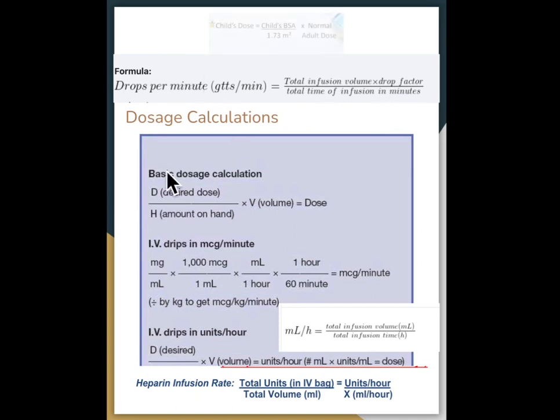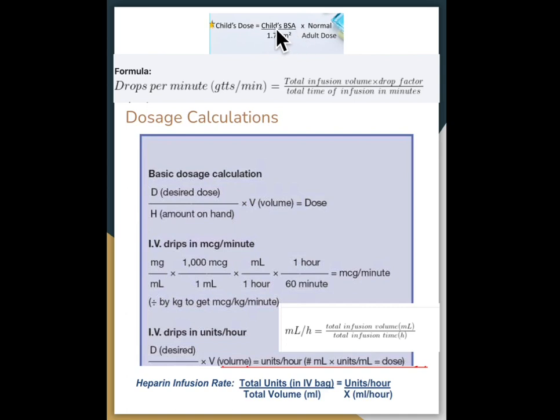Know that formula. All right, and then finally, we have the child's dose. Have you ever thought through those questions where they give you a normal adult dose, right? Then they tell you the child's body surface area, and then they ask you what's the child's dose. Well, if you don't know this little conversion factor here of 1.73 meters squared, not cubed, meters squared, right?